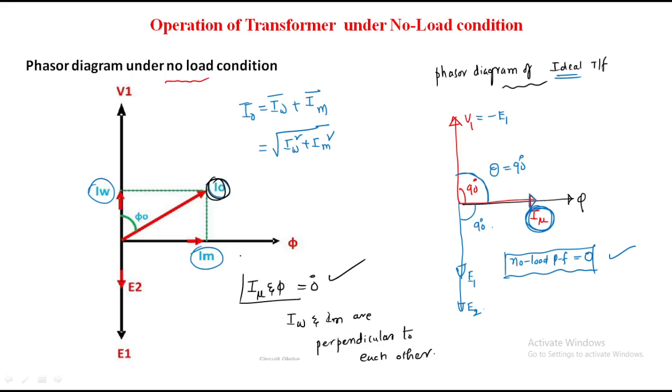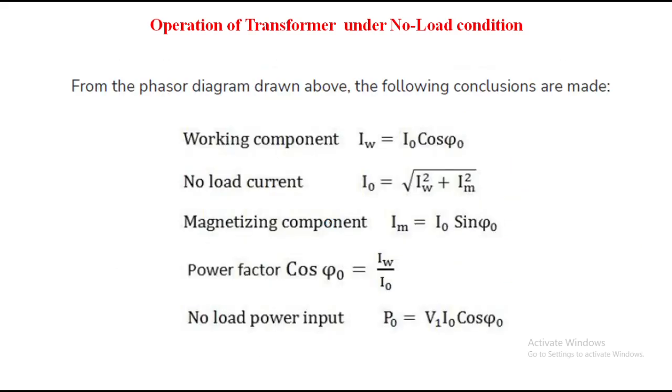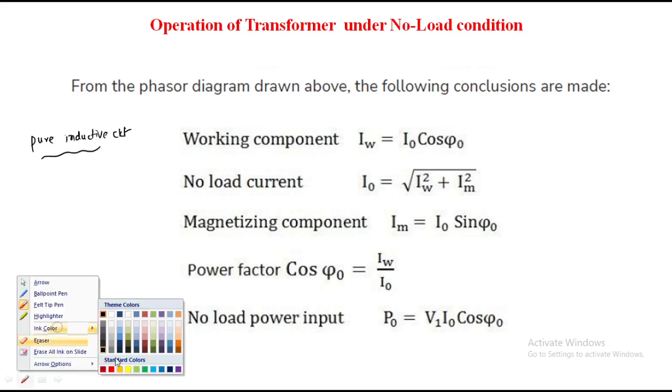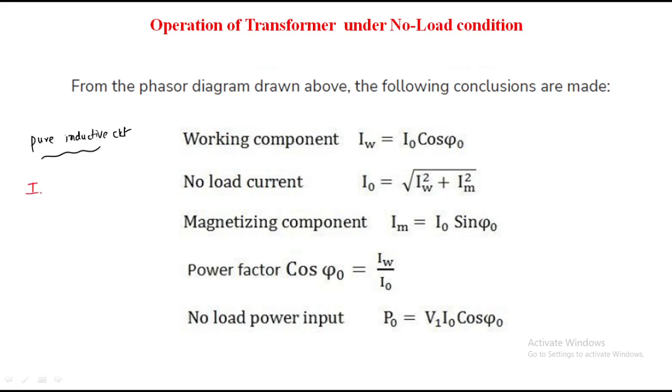And in order to give a clear cut explanation, I would like to take a simple inductive circuit. Let us take an inductive circuit. We all know that for a pure inductive circuit, current lags supply voltage by how many degrees? 90 degrees, right?